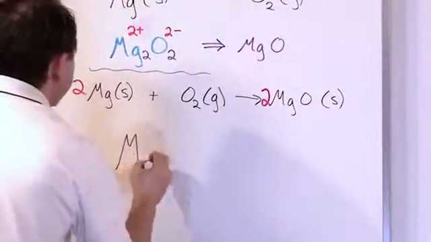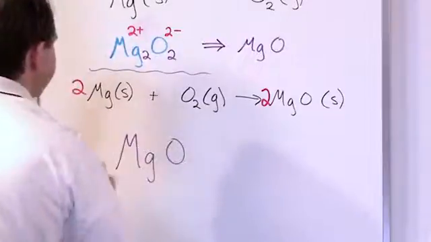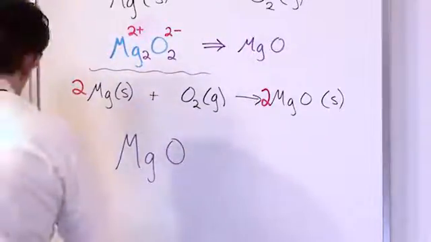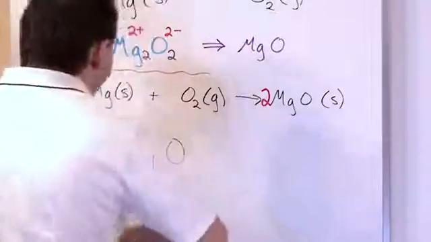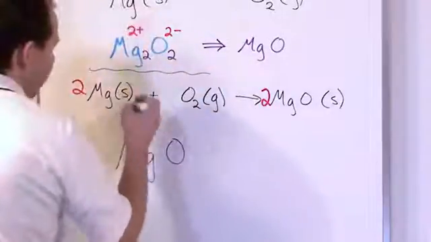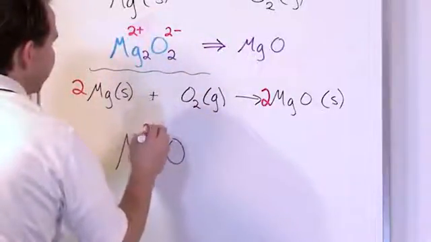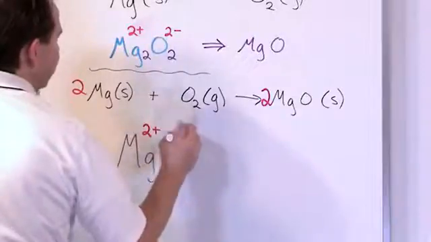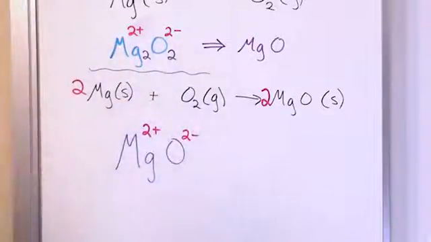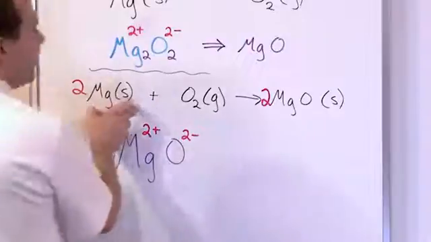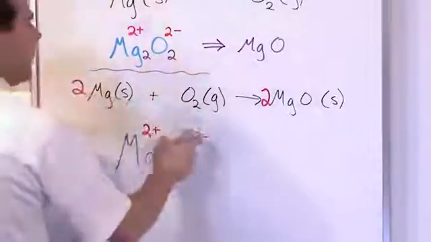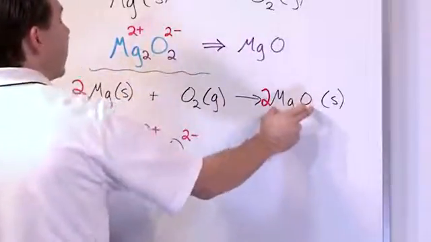I'm going to write it really large, MgO, magnesium oxide. The reason I'm going to write it very large is because magnesium, as we already said up here, likes to have a charge of +2 and oxygen likes to have a charge of -2. So if you notice, the magnesium is combining into this compound over here.